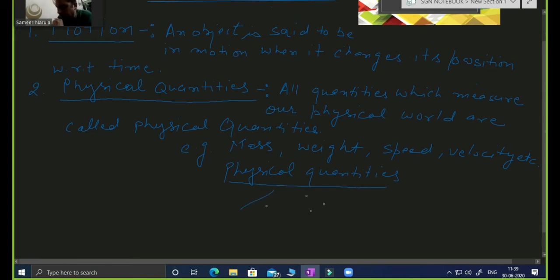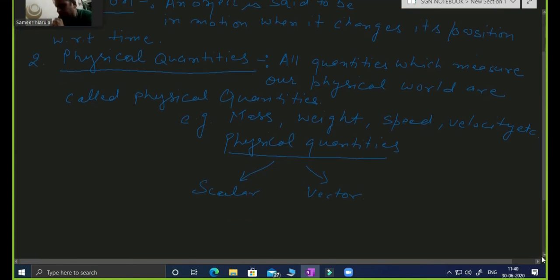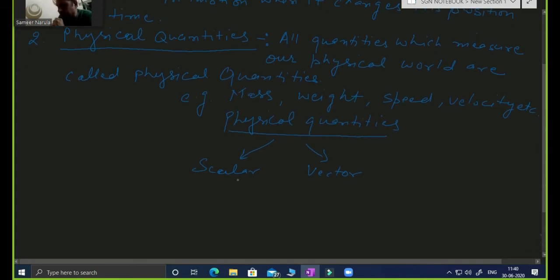One is called scalar quantities, and another is called vector quantities. Now we will discuss the definition of scalar quantity and vector quantity. First of all, we start with the scalar quantity.